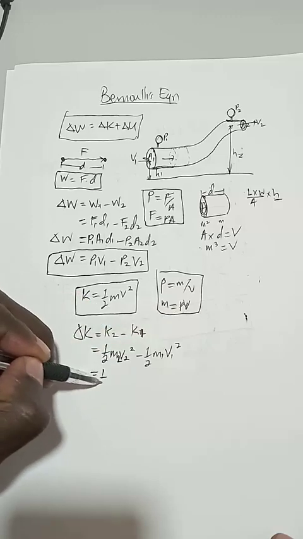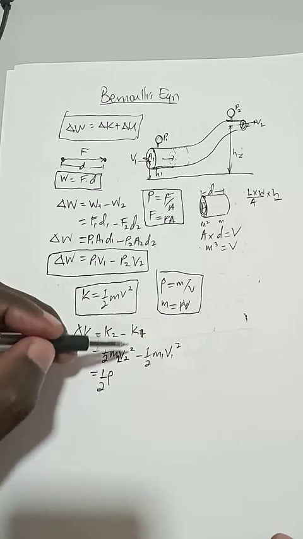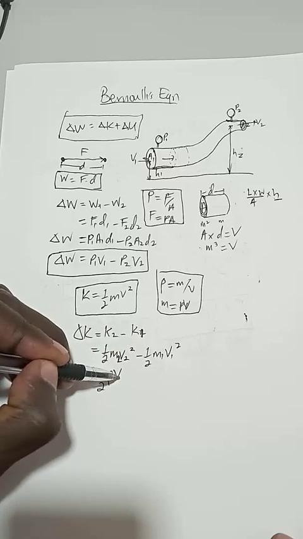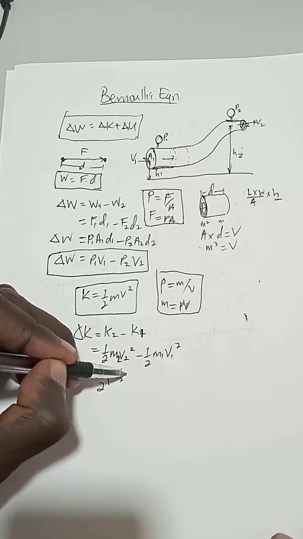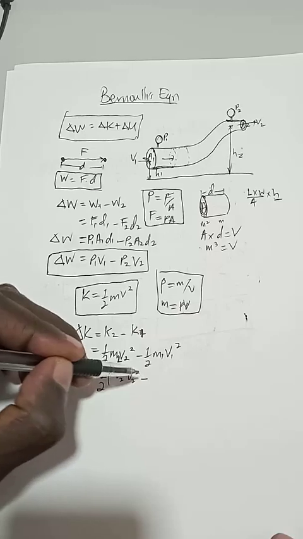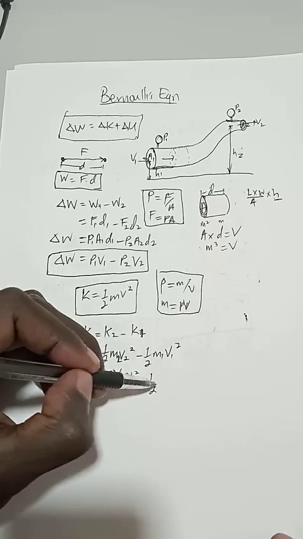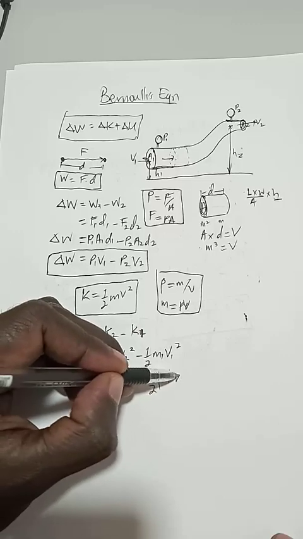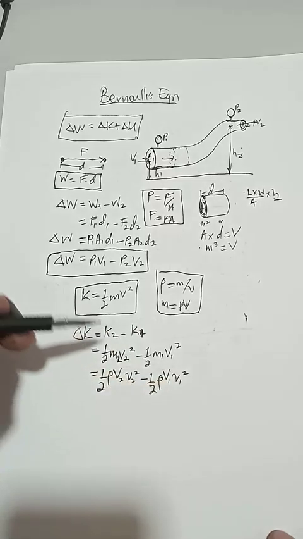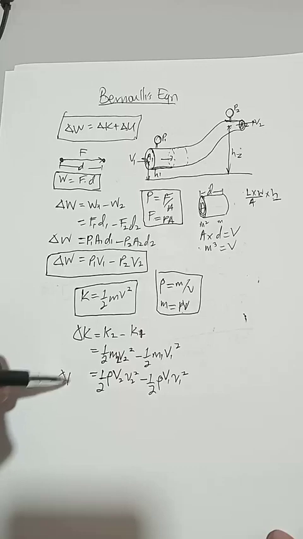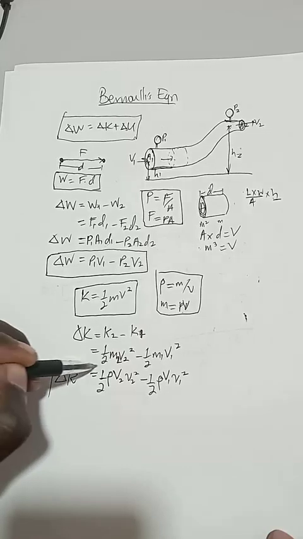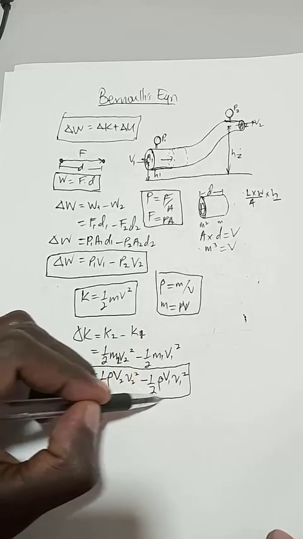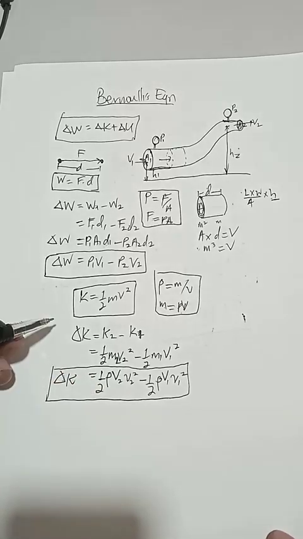So we can write half rho volume 2 speed 2 squared minus half rho volume 1 speed 1 squared, or velocity 1 squared. This is delta K, the second part of the equation.